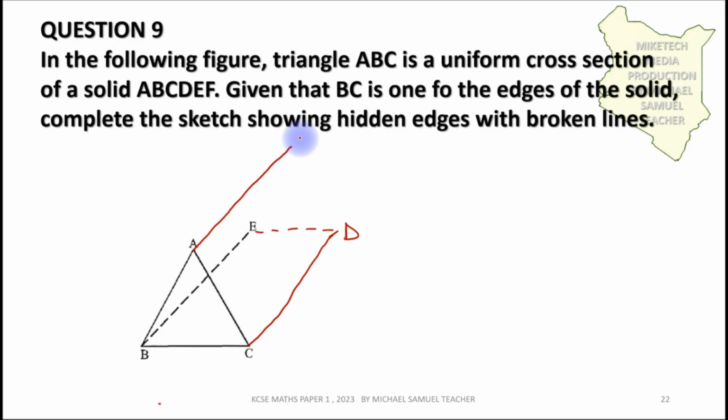And then from F we draw F to D, which is also seen, so complete line, but F to E using dotted line. And that's how we have drawn the solid. Now it is complete. You can actually do it by construction using compass and ruler, drawing the dimensions correctly.